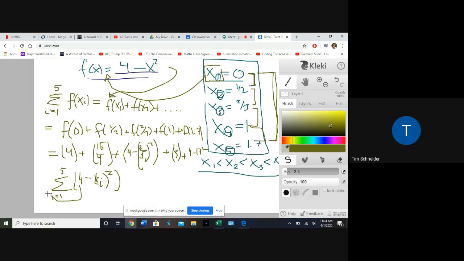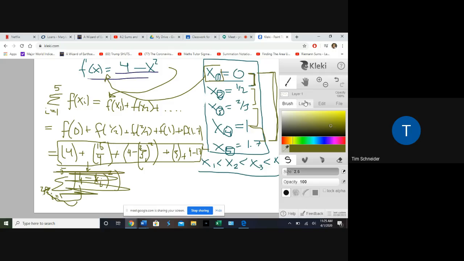We could separate this into two summations, do just the 4 times 5 first and get 20 minus whatever the x sub i squared terms are, and that could give us an answer. But because these are irregular, even though the index is going up by 1, the x value is not going up by 1 each time. In fact, it's different each time. So the summation tricks aren't very helpful at this point. We would actually just have to calculate what that is.